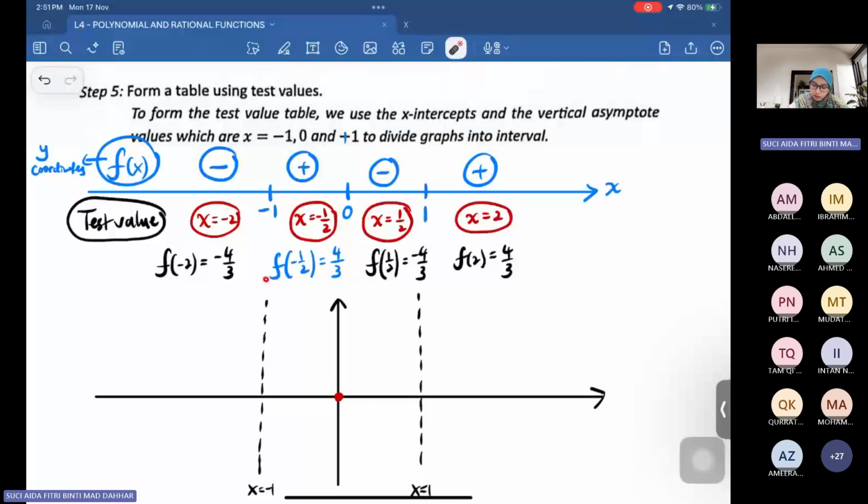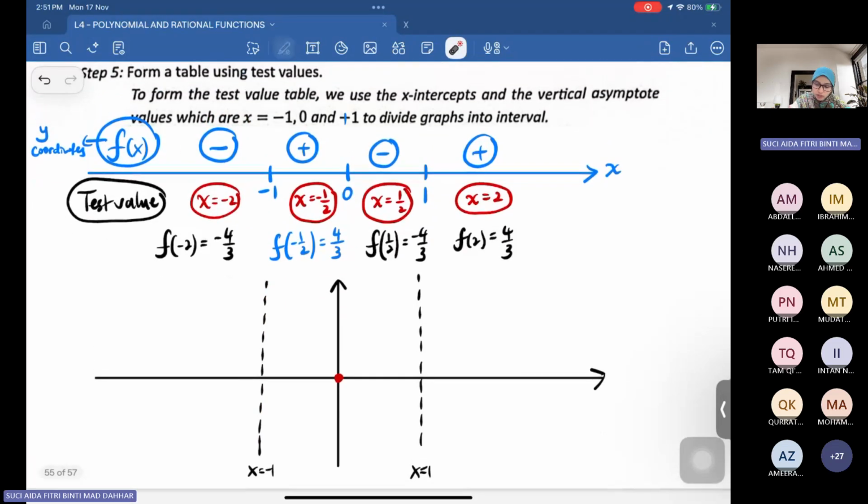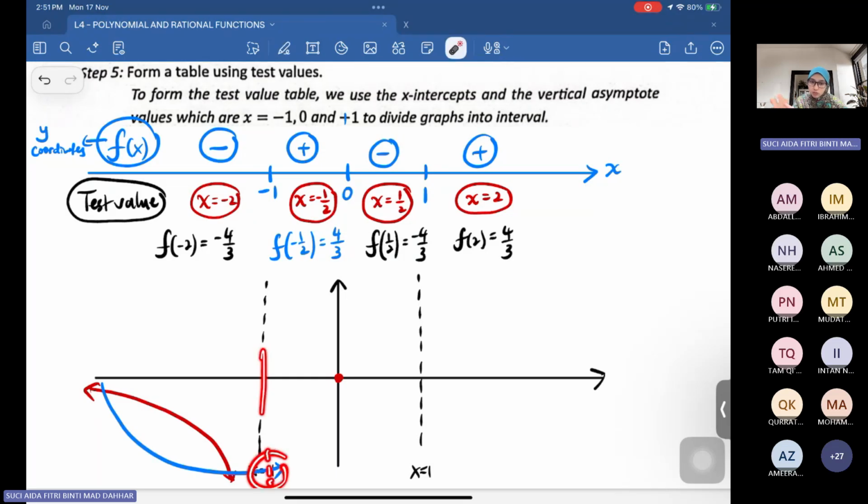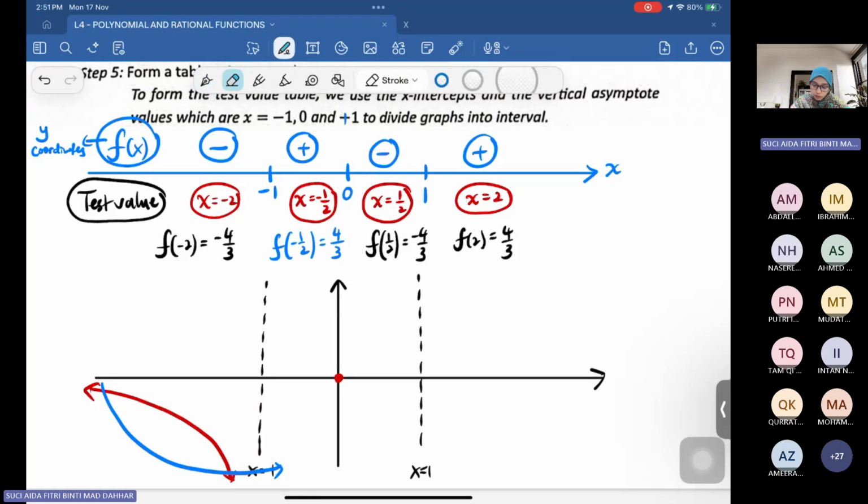Now how do I sketch the curve? First, for the region before x equals -1, the y coordinates are all down here, right? So your graph must be down here at the bottom. You cannot draw the graph like this, because then this tail would be meeting the asymptote, which we are not allowed to do. So it's not possible to draw the blue one.